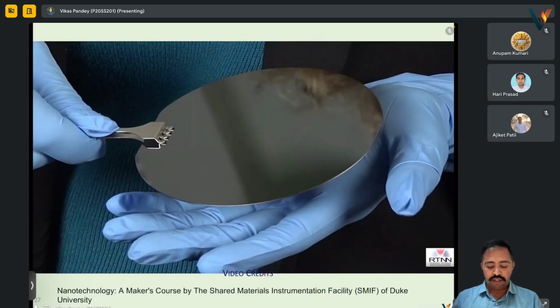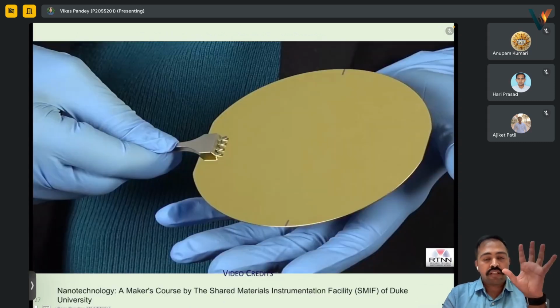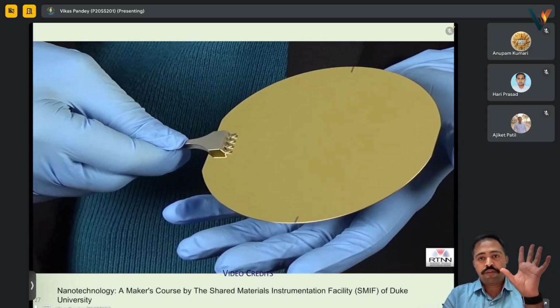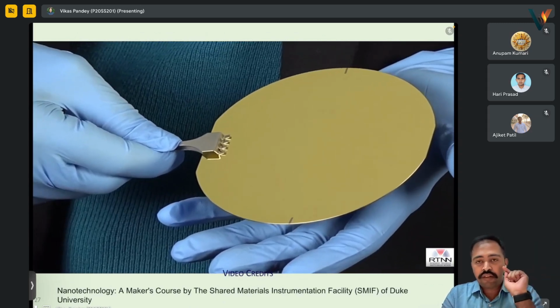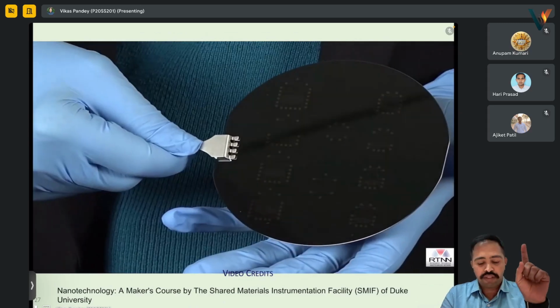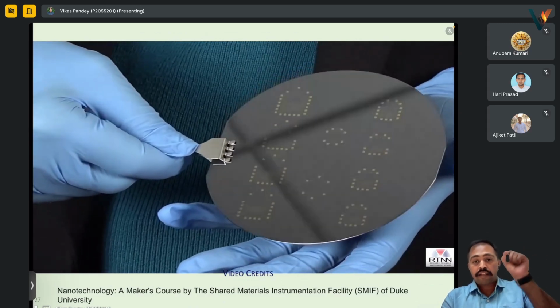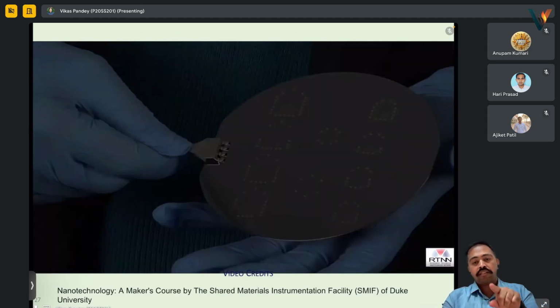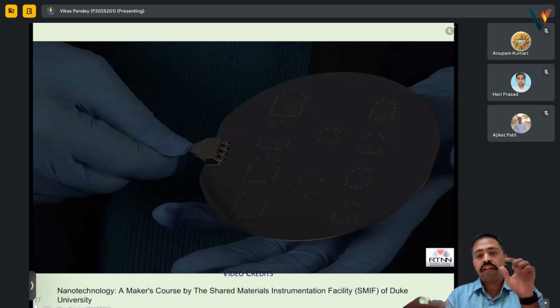We start with a clean wafer. In this case, gold is deposited, and then after patterning and etching, we have some patterns of gold made. Other areas of gold have been removed.